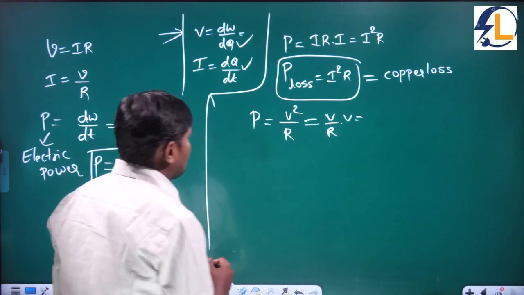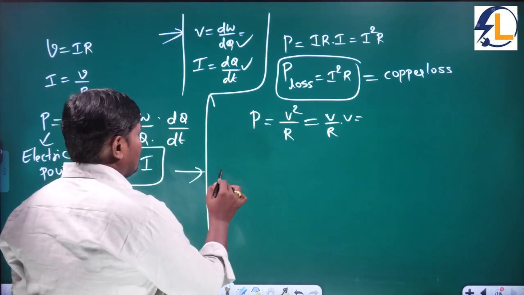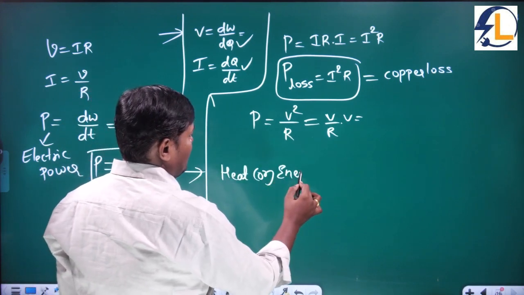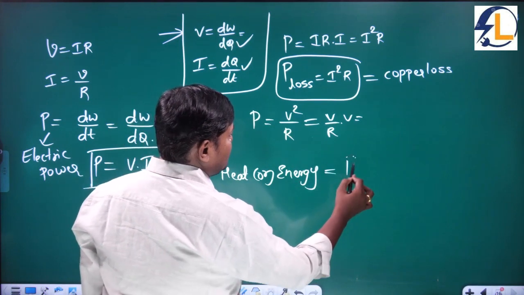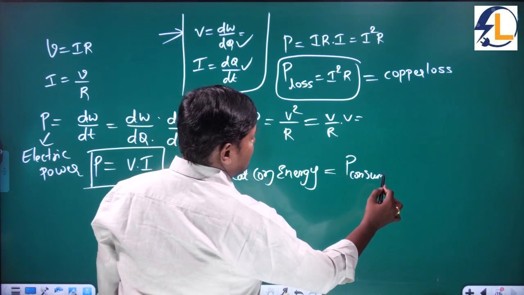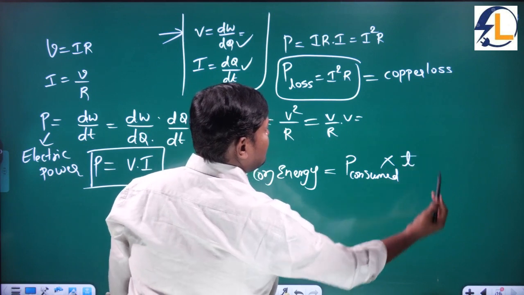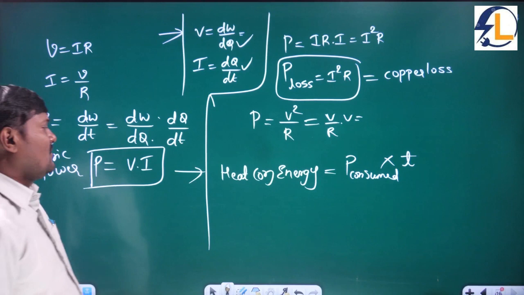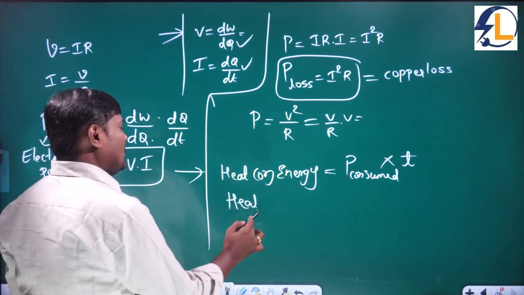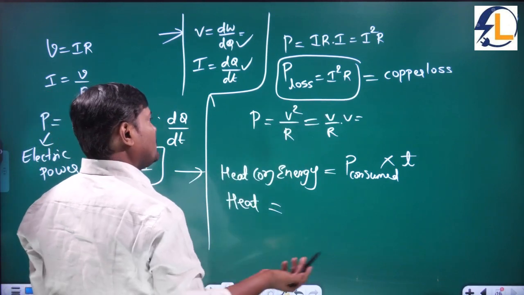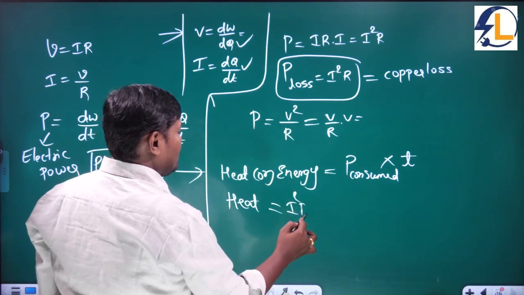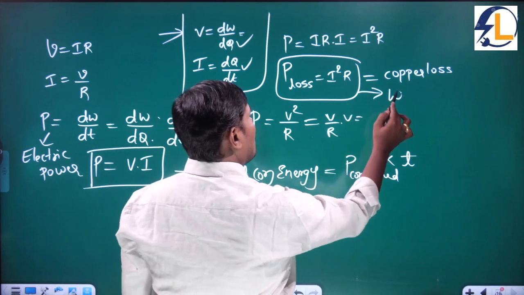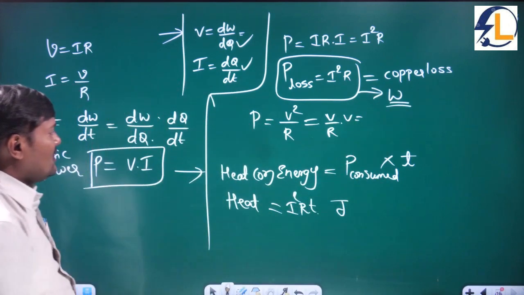Now this is about the first element, and next one is heat or energy. Power consumed multiplied with time we call heat or energy. So heat is equal to the power consumed, power loss or power consumed, both are same. So I square R T. The units are joules. Power units are watt.